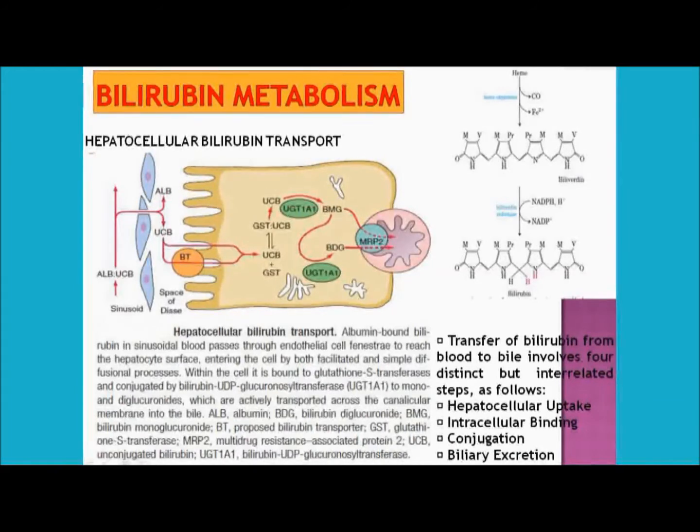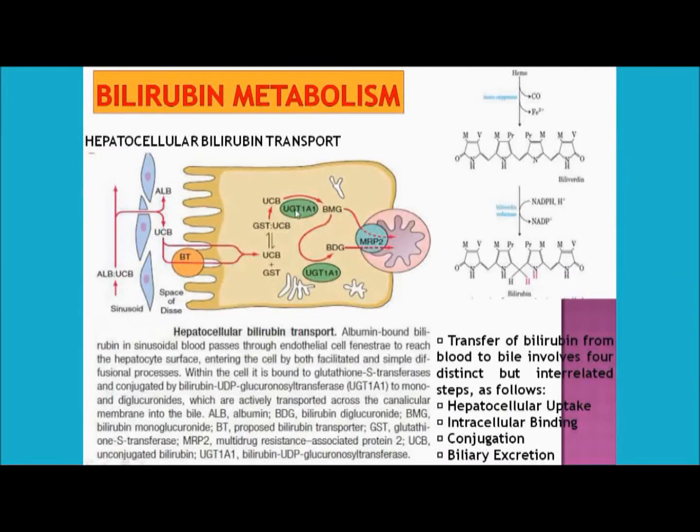Now it will enter the cell by both facilitated and simple diffusion. Within the cell, it is bound to glutathione S transferase and conjugated by bilirubin UDP glucuronyl transferase, UGT1A1, to mono and diglucuronides.